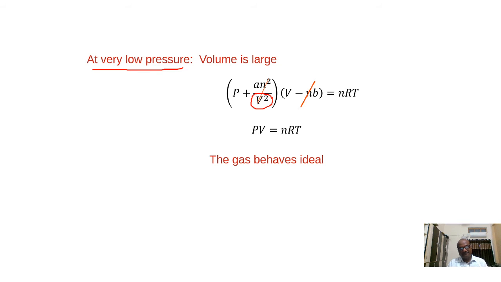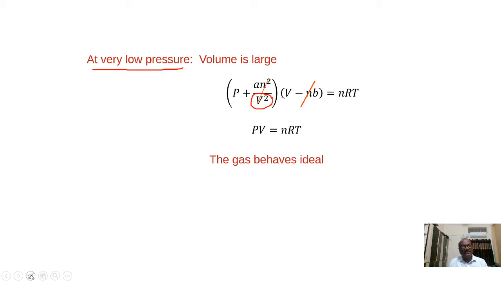That is the reason. Now see the second factor, the volume term. Under very low pressure, volume is very large, we said. That means compared to capital V, nb will be very, very less. That's why nb can be neglected. So two terms are neglected here.